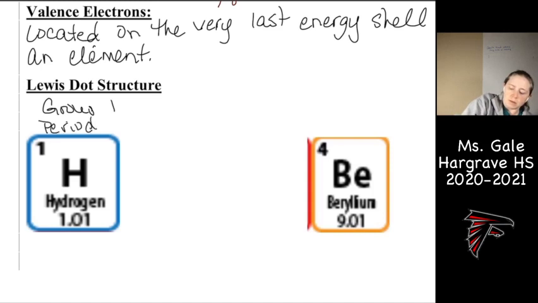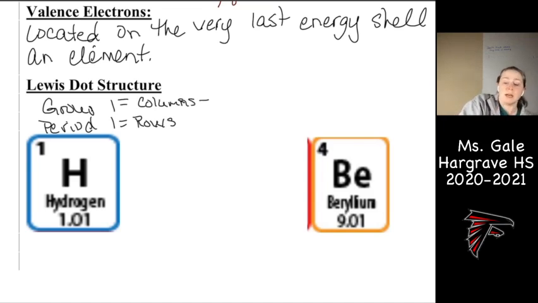So remember, groups go from left to right, so it's the columns going up and down, all the way down your periodic table. Periods are the numbers going from top to bottom, and they run on rows. So periods are your rows, groups are your columns.